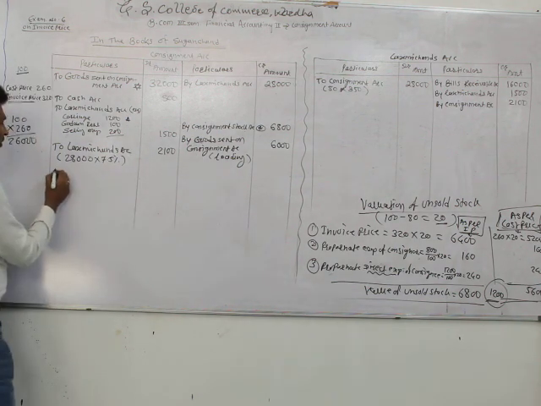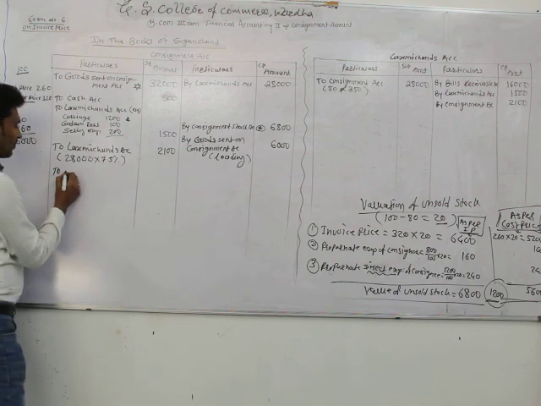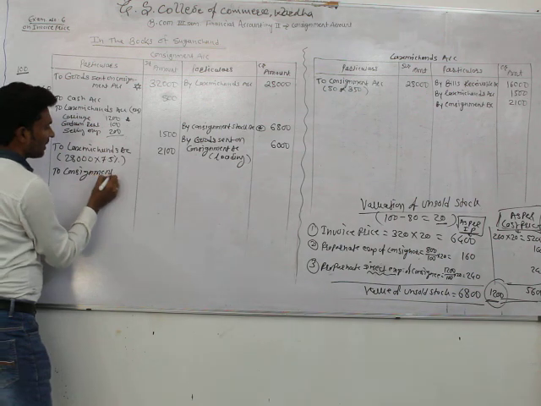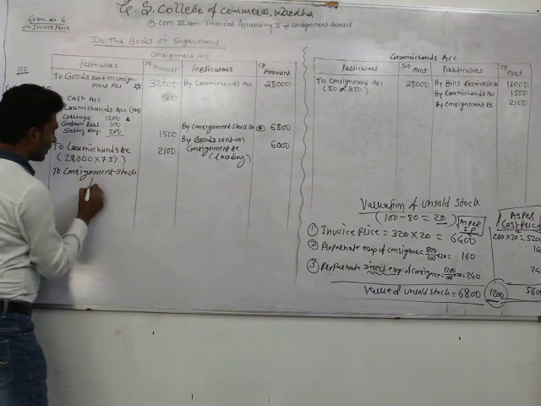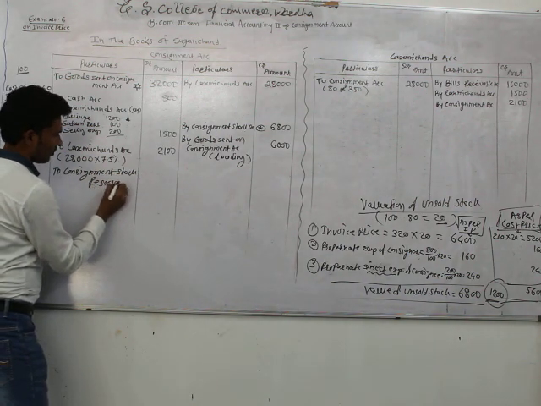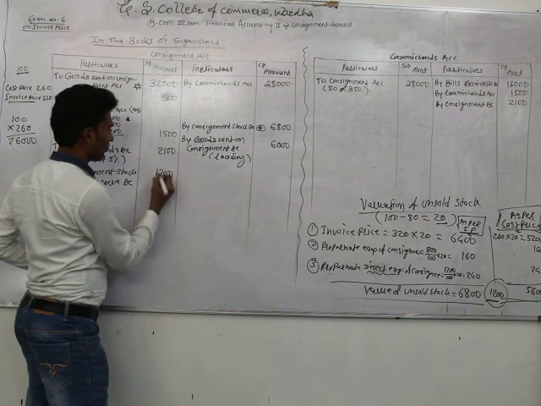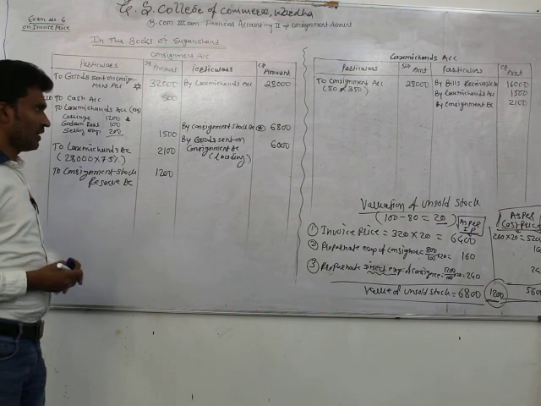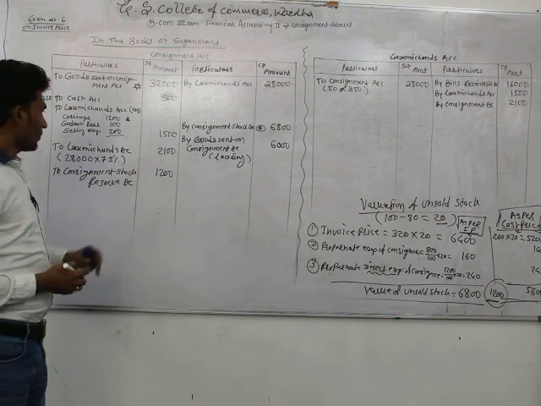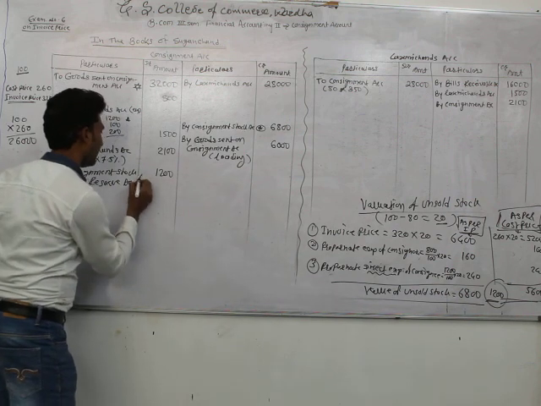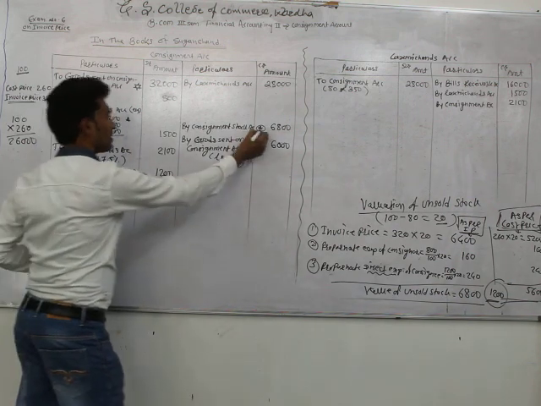So write at the debit side of consignment account by the name of consignment stock reserve account, rupees 1,200. This is the reserve and I indicate that with the same sign.